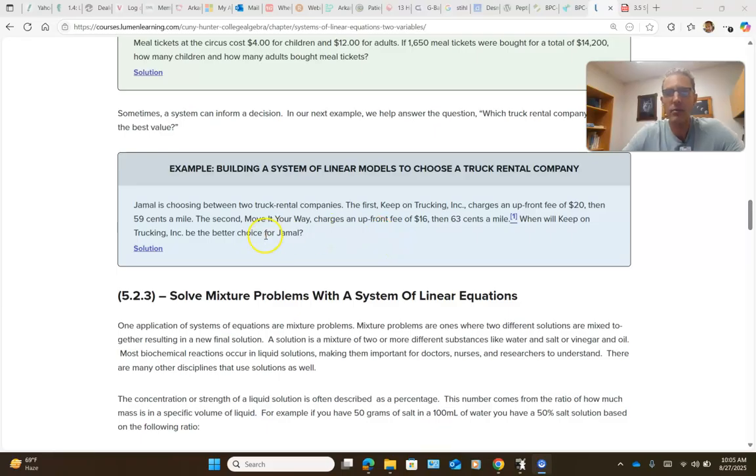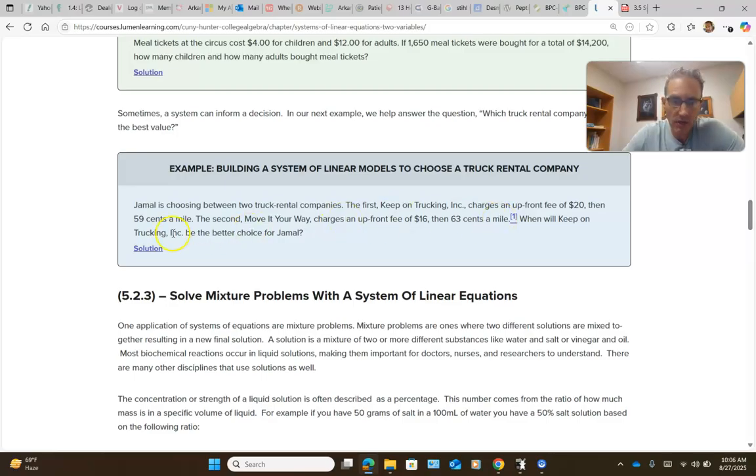And so again, really what you're doing is you would set up 2 linear equations that model the cost of renting a truck from each of these 2 different companies, and you could set them equal to each other, or you can set them up as a system of linear equations.